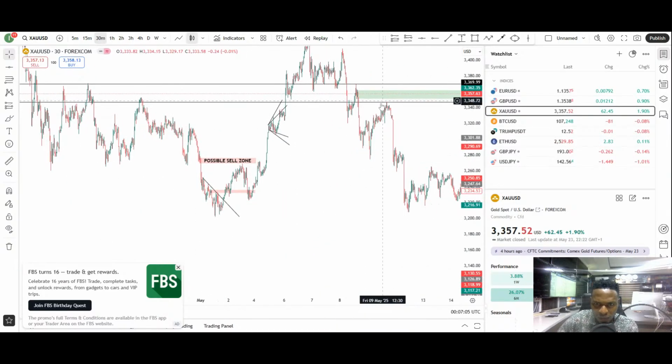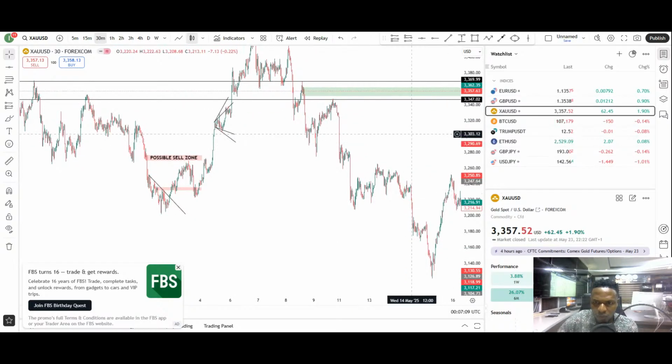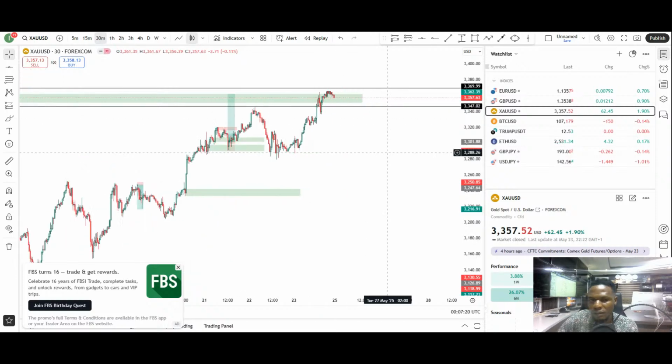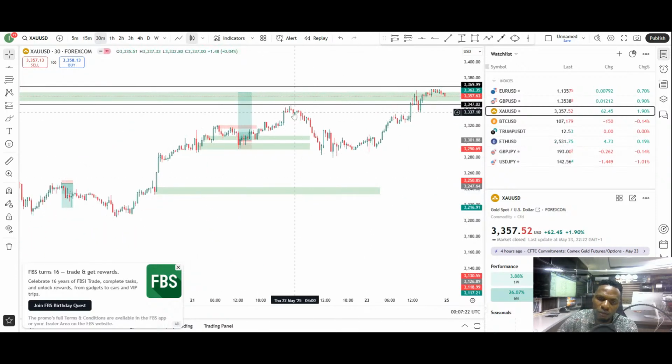Okay, this was the one we picked. Now see, when price got there, it made a significant move. And at this point now, the indicator is doing divergence at that zone, which confirms the sell.